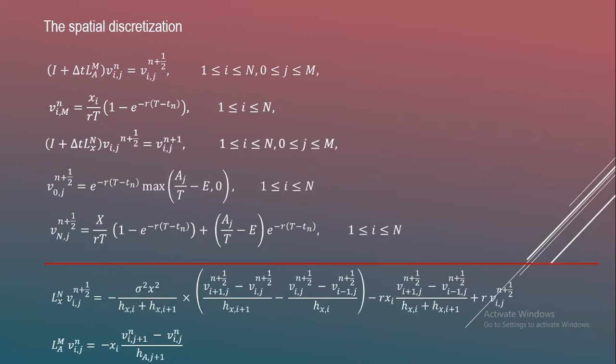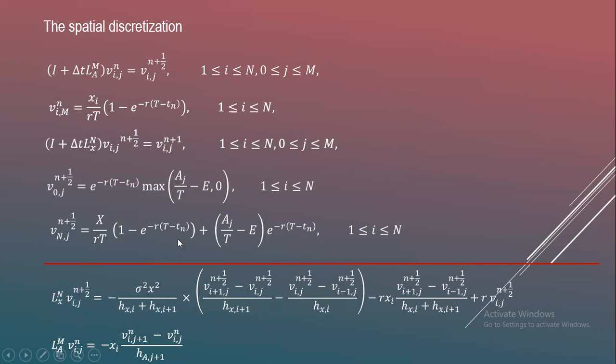And the next stage is discretization in space. The same way is used here. That's stage 1 and stage 2 according to the ADI formula. In stage 1, it is split from time level n to n plus half, and that's usually a tridiagonal matrix form, and that's the boundary condition. And in stage 2, that goes from n plus half to n plus 1.